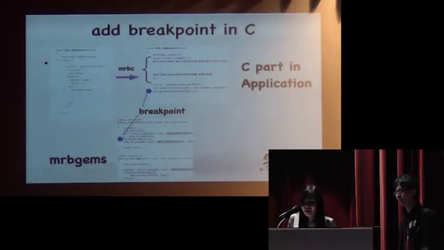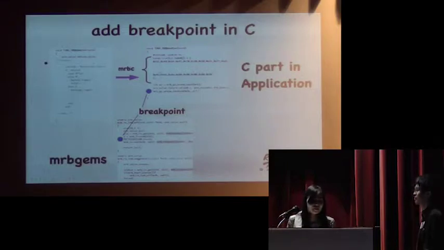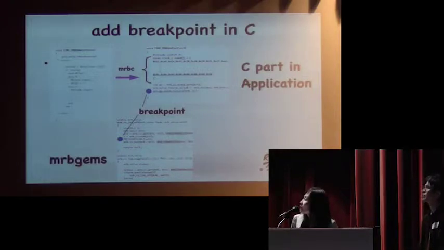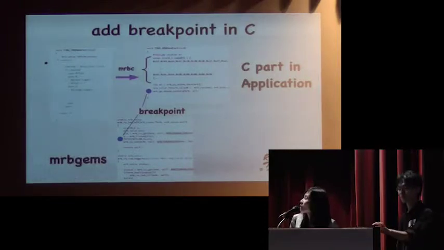We can add a breakpoint in C code. So we used to add a breakpoint in the C function. How do we add a breakpoint at Ruby code?